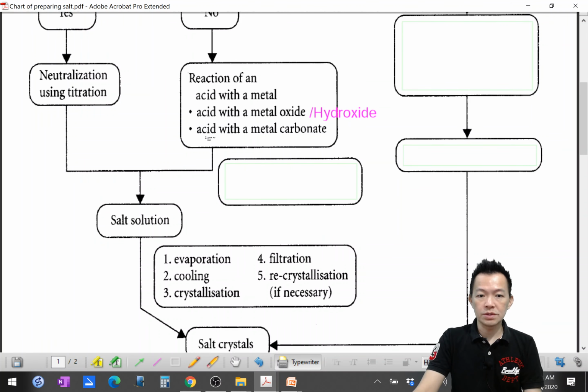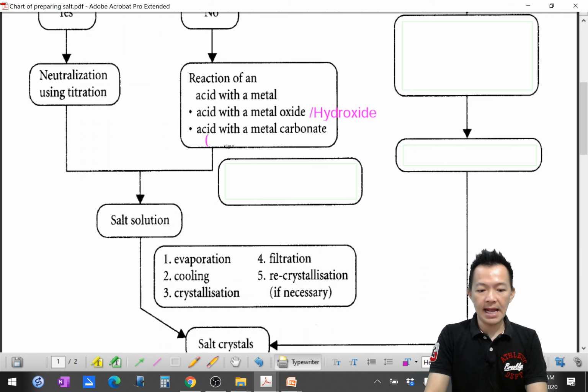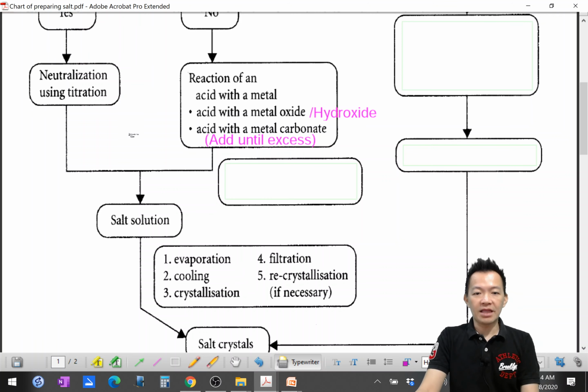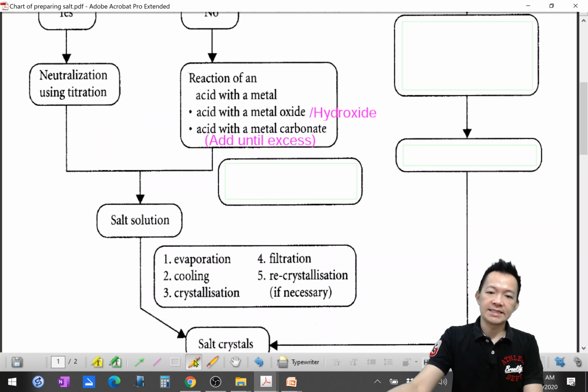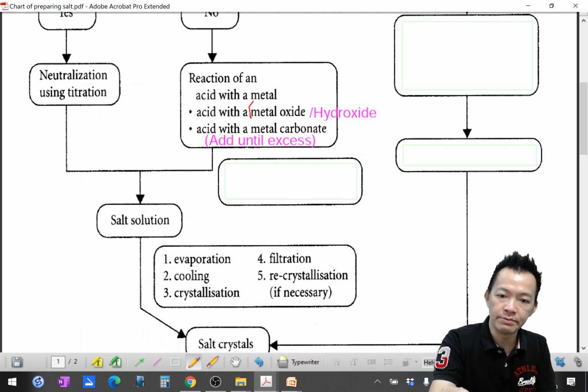它最重要的东西呢 you have to add until excess. Add until excess. 加到多为止，对不对? So add the metal into the acid until excess. Add the metal oxide into the acid until excess. 加到多为止。Or in our experiment, actually we use the example of metal oxide 啦。In our syllabus, 我们只讲了一个罢了 metal oxide.